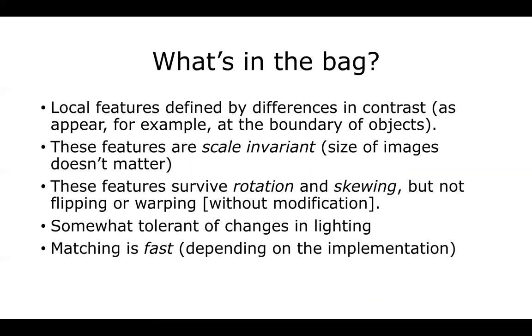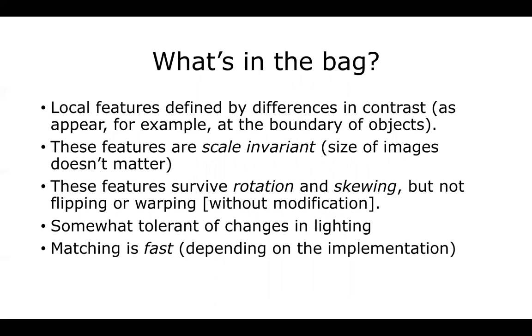These features are scale invariant. As you've seen, the size of images doesn't matter to some extent, to a large extent. They also survive rotation and skewing. So you saw that with my building that was viewed from different angles. They don't, however, survive any geometrical transformations such as flipping or warping, without modification.